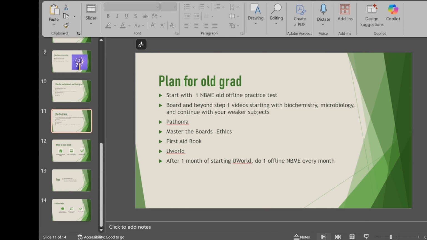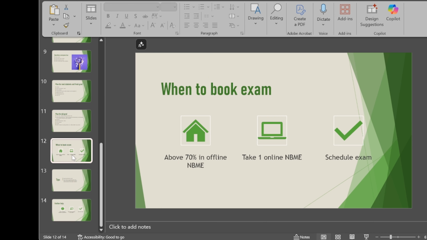Okay, now we went through the plan for study, like starting off with a practice test, what books you need to study, and UWorld, how to study UWorld. After starting to study UWorld, what you have to do is check your percentages. Once you start getting around 65 to 70% in your UWorld blocks, take one offline NBME, and keep taking an offline NBME every 15 to 20 days or 1 month.